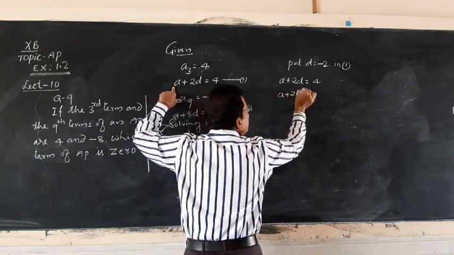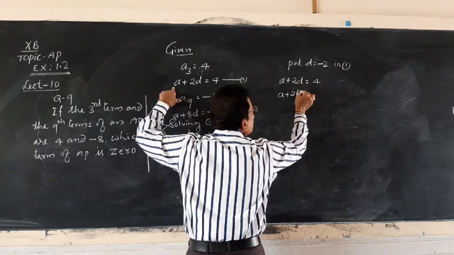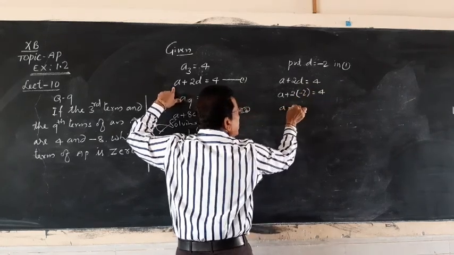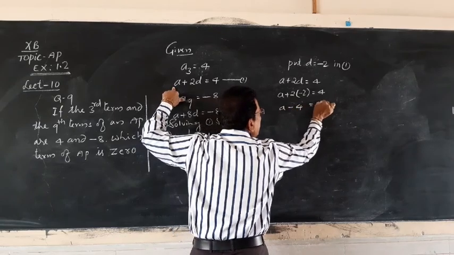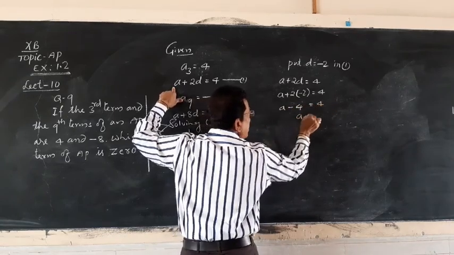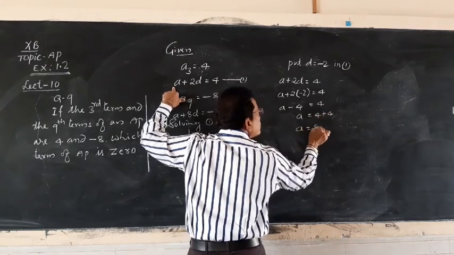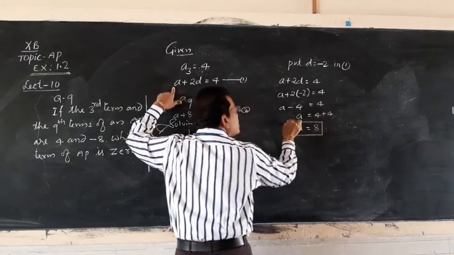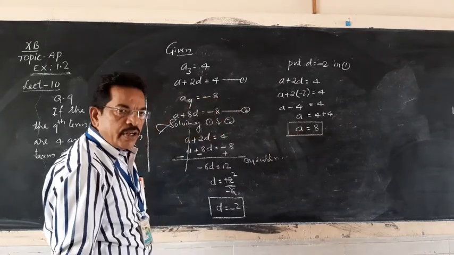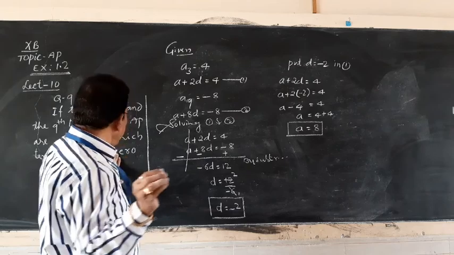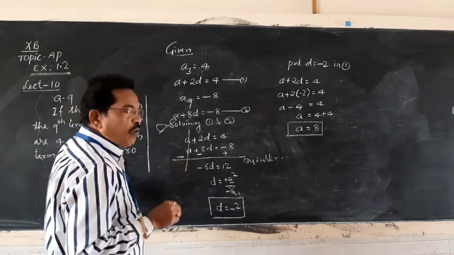A plus 2 into minus 2 equals 4. A minus 4 equals 4. A equals 4 plus 4. A equals 8. They have asked us which term of the AP is 0.